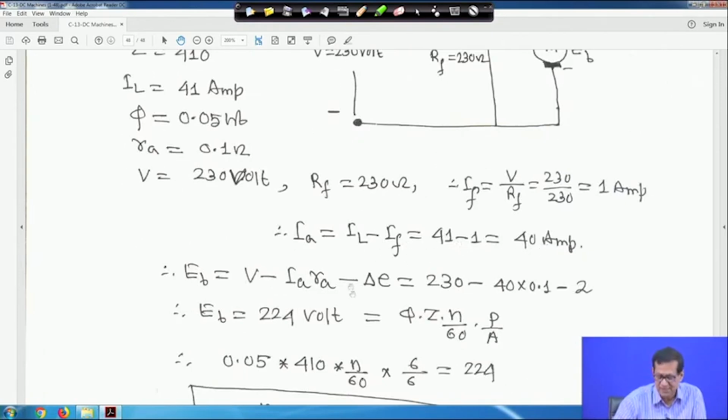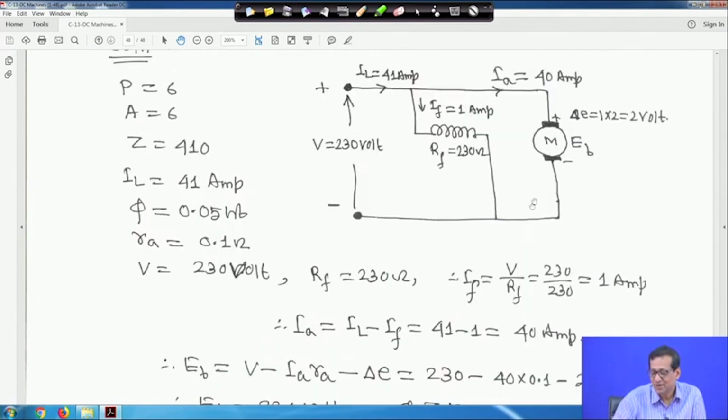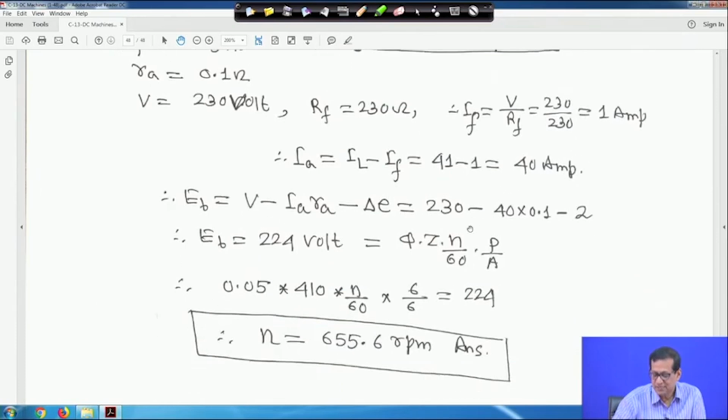Now, in this case the brush contact drop is given per brush 1 volt. So, EB we know is V minus IA Ra, but keep it in your mind that this drop also has to be subtracted, minus delta E, such that there should not be any small error. Delta E will be 2 volt because per brush 1 volt, that is why it is written 1 into 2 volt, right. So, that means 230 minus 40 into 0.1 minus 2.